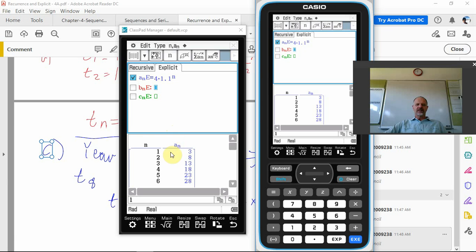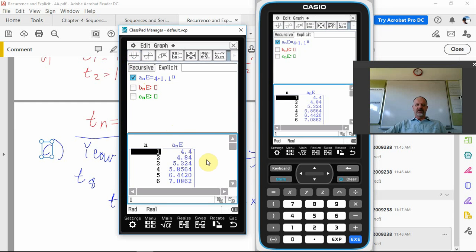And there it is. And so now I just need to get the calculator to calculate that. And there we are. 4.4, and so on. That's what we got before. All right, so we're after term number 8.